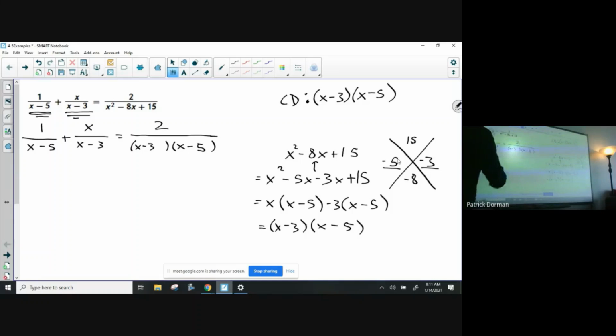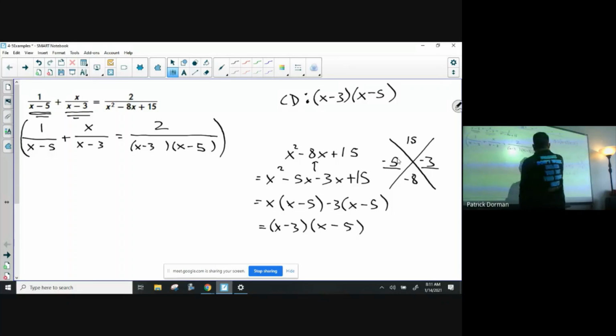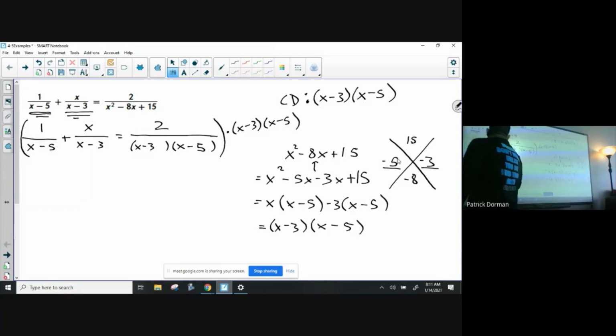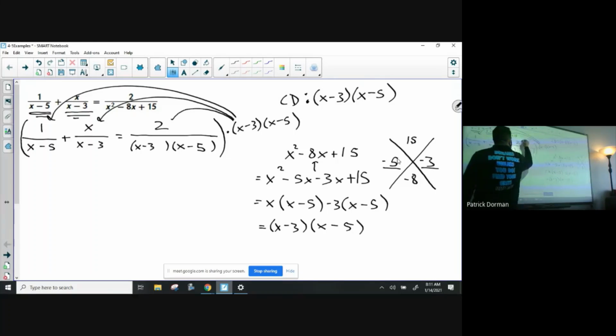So remember, step 1, find the common denominator. Step 2, we're going to multiply everything by that common denominator. So x minus 3 times x minus 5 will go here. And now we got to multiply that through, right? So we're going to multiply all of these numerators by x minus 3 times x minus 5.